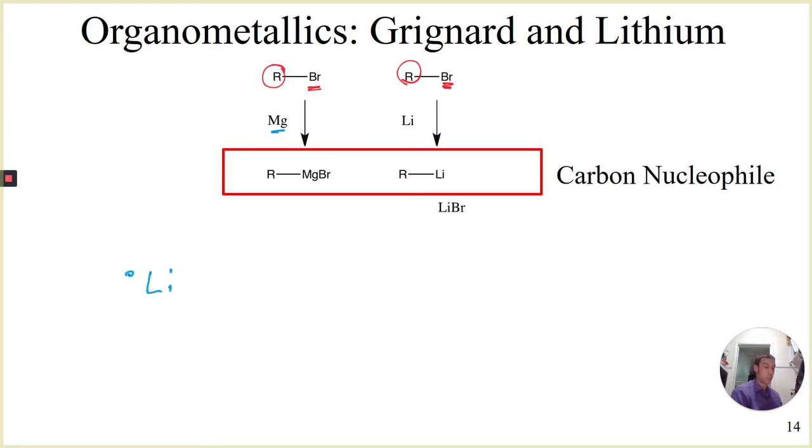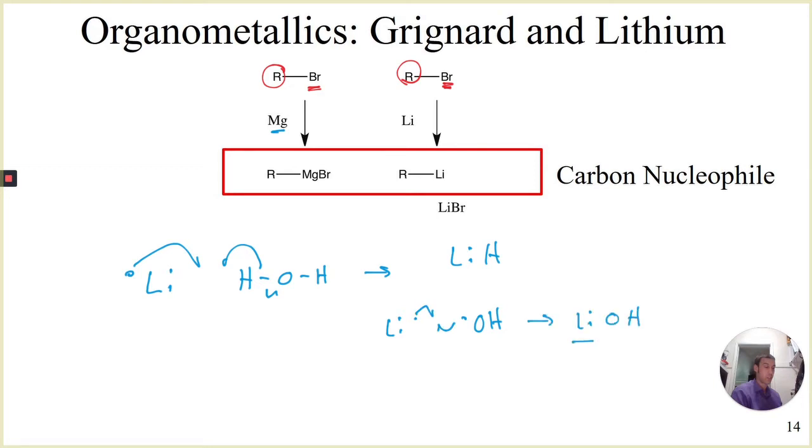Well, lithium metal has that extra electron. We throw it in with water, we get a radical reaction forming lithium hydride and hydroxide. Another lithium radical comes along, gives us lithium hydroxide, and that's getting us our stable state, our cation for the lithium.